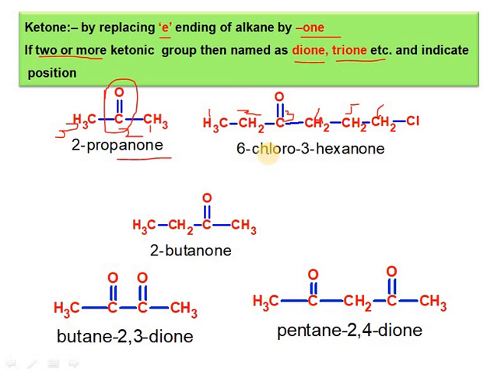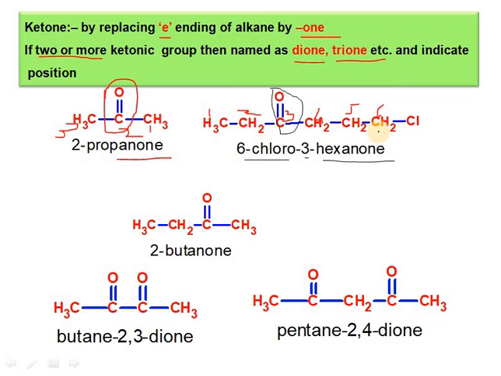Therefore, the name is given as follows: the sixth position has chlorine, so 6-chloro, and the third position has this ketone group, therefore 3. Total carbon is 6, so the parent name is hexane and the E is replaced by ONE. So 3-hexanone is the IUPAC name for the structure.